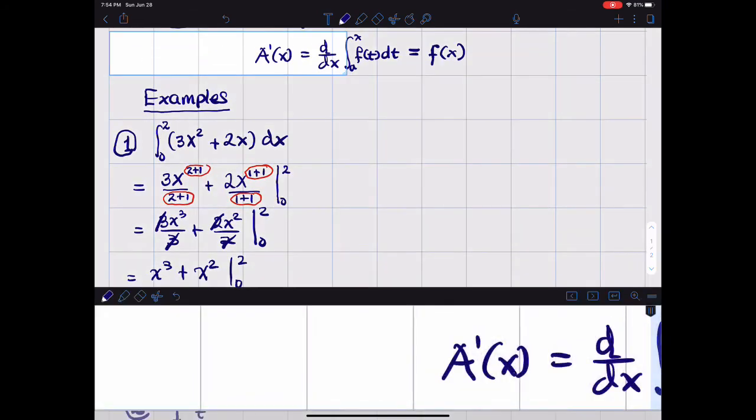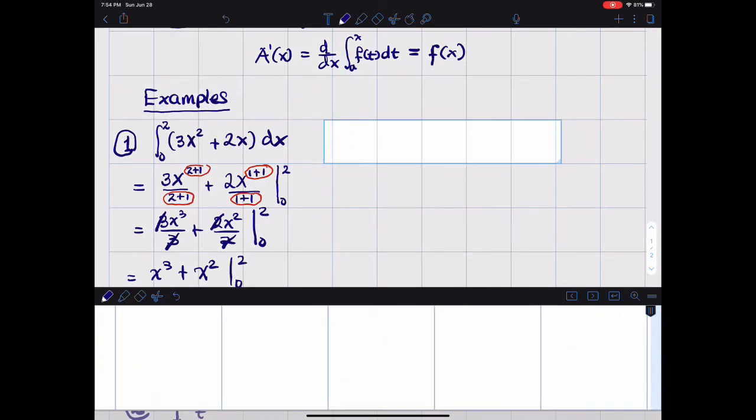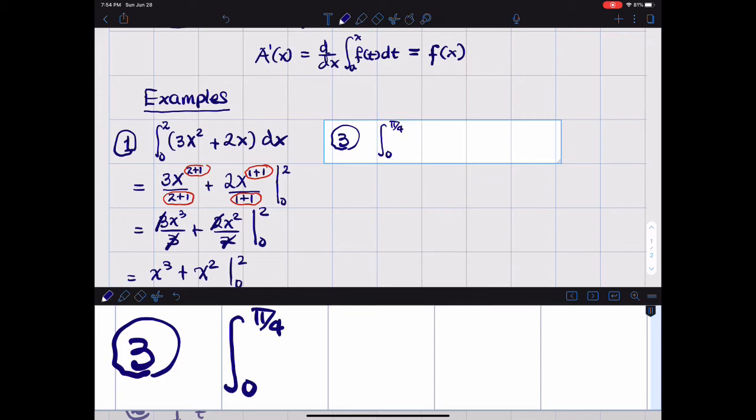Let's do another example. Example 3: the integral from 0 to pi over 4 of 2 cosine of x dx.